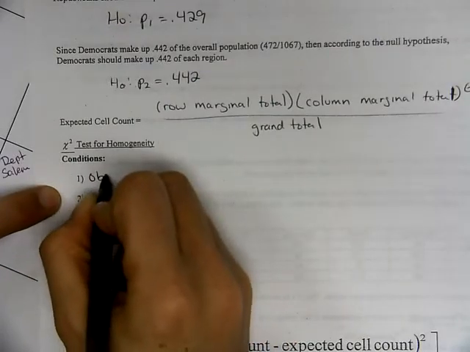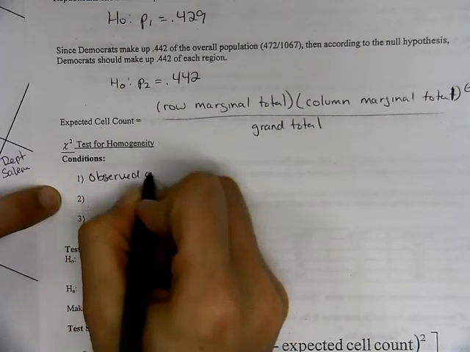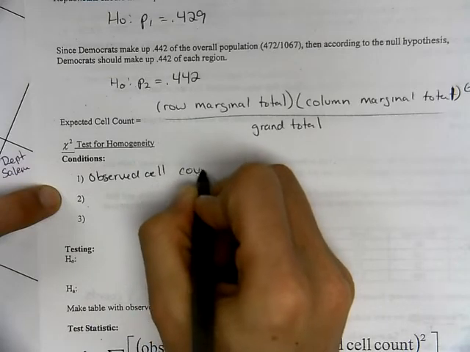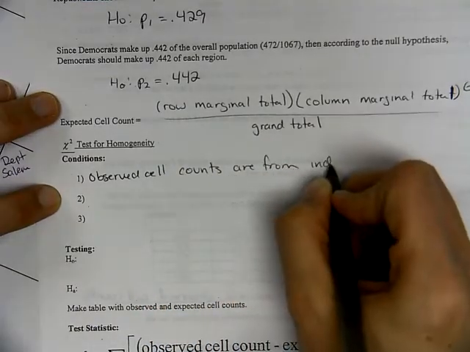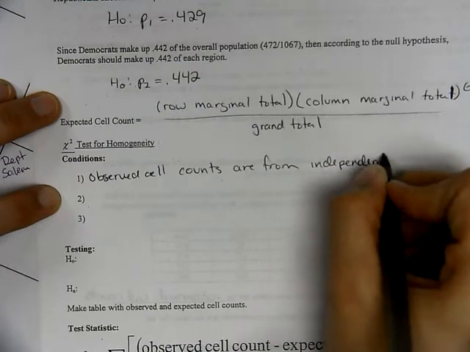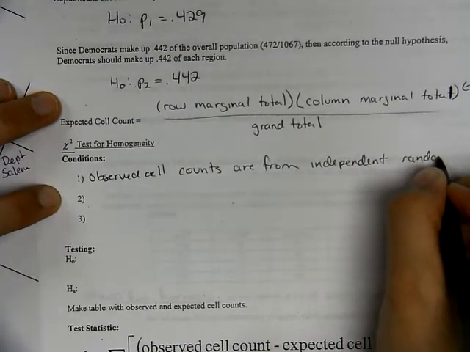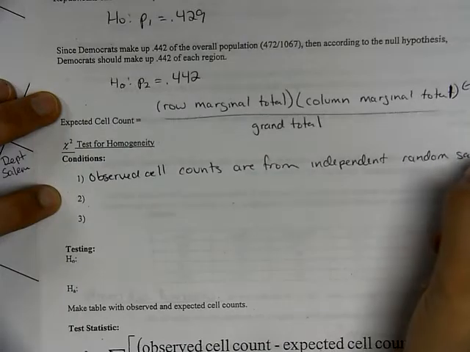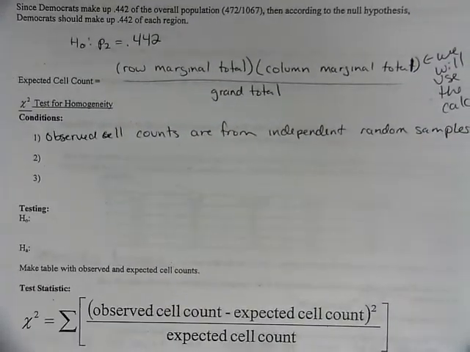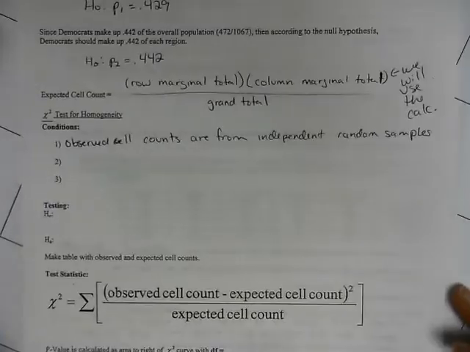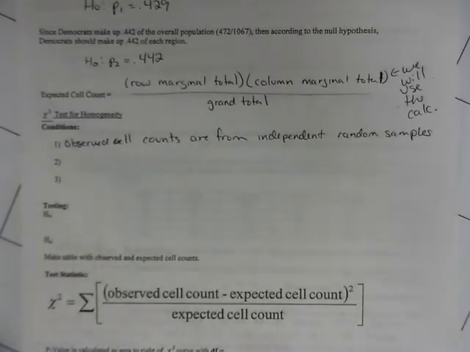So your observed cell counts are from independent random samples. Like in the political party example, each region was independent of the next region. Again, they're not necessarily going to say independent in the question. You have to kind of infer it.